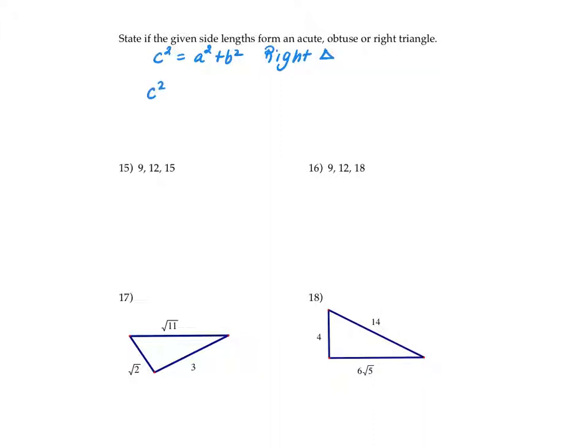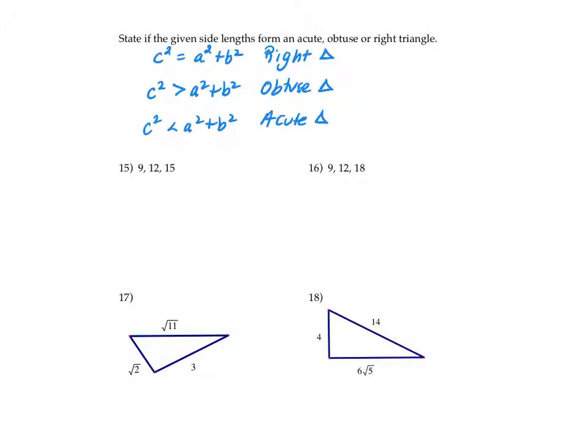If c squared happens to be bigger than a squared plus b squared, then it's an obtuse triangle. And finally, if c squared is smaller, if it's less than a squared plus b squared, then it's an acute triangle. So you may want to have those written at the top of your paper.